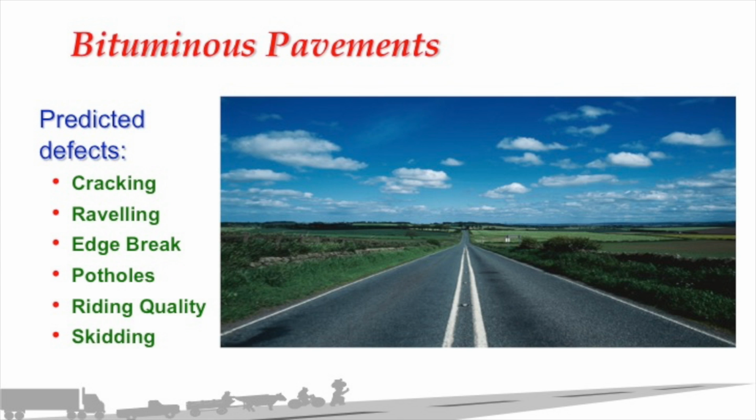Or a bituminous pavement or bitumen. A typical road in Tbilisi will be something like this, and we calculate how many potholes you'll get, how many cracks, loss of materials, etc. Okay, so there are computer models that predict how a road pavement is going to deteriorate with time, and of course there are different types of pavements.